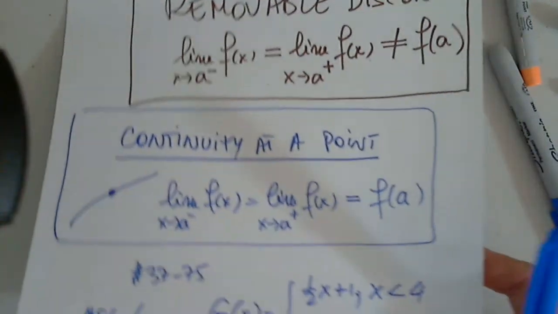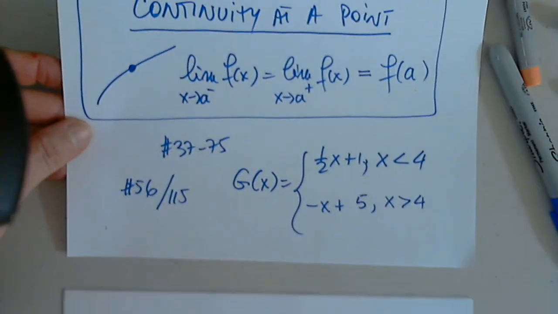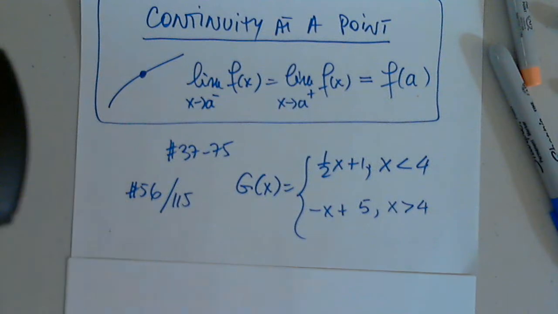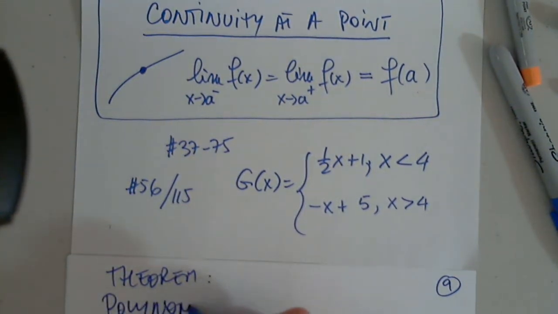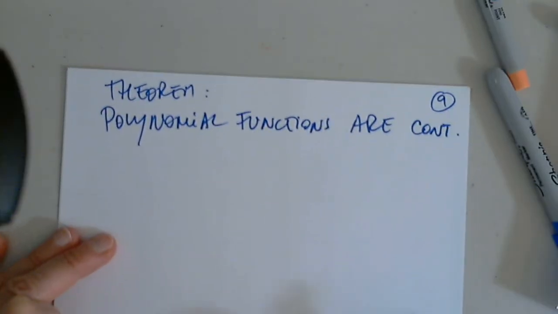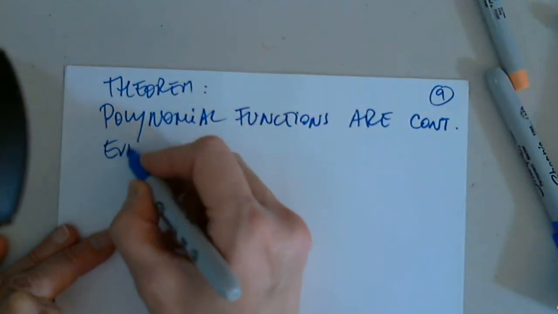Before we address that, I just want to mention a theorem. Polynomial functions are continuous everywhere. Because they are defined everywhere, they are smooth, continuous functions everywhere.